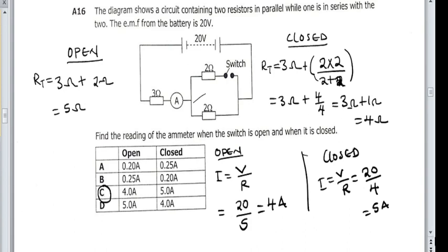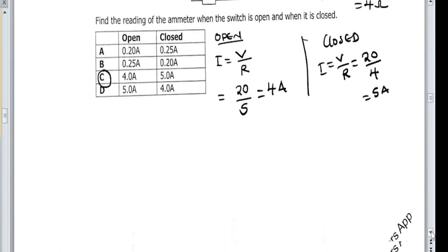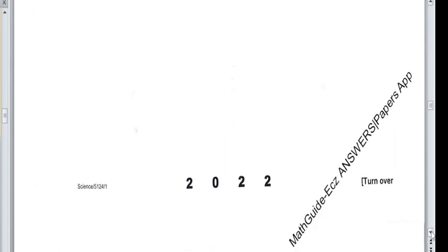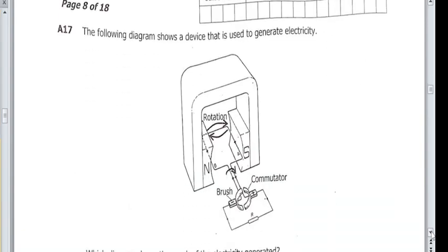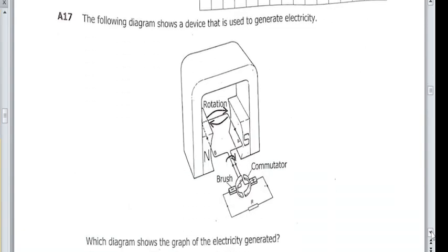Right. We proceed. We go to question 17. Now, question 17, we have the following diagram showing a device that is used to generate electricity. So we have a generator. This is a generator that we call a direct current generator. It's a DC. Which diagram shows the graph of the electricity generated? Now, the graph for a DC generator goes in this way.